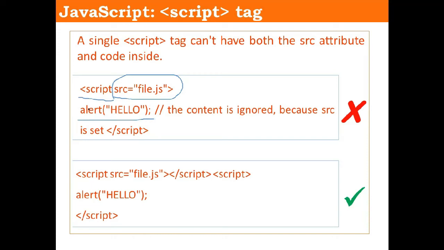If you put any code inside a script tag that contains the source attribute, those statements are ignored by the browser. So we should not give code inside the script tag that has the source attribute, because it won't be considered and won't execute, so it is a waste.